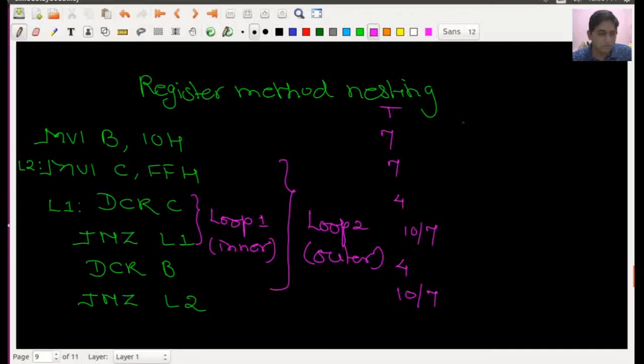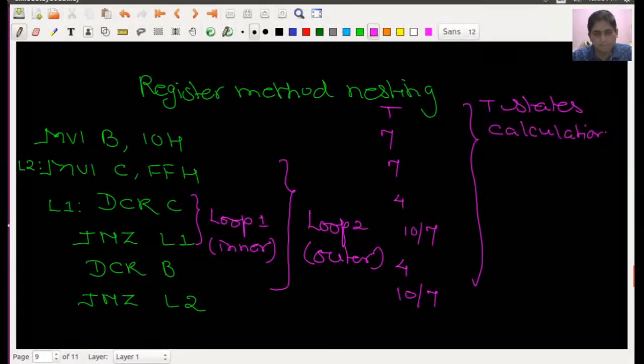The inner loop here is fabricated with the help of MVI C, FFH, DCR C and JNZ. So in the inner loop, we will do the T states calculation, especially for the inner loop.